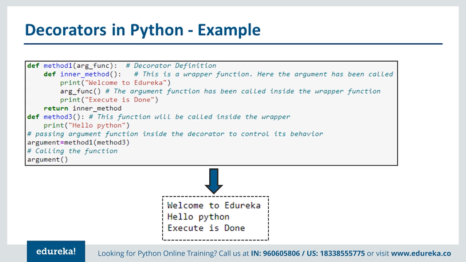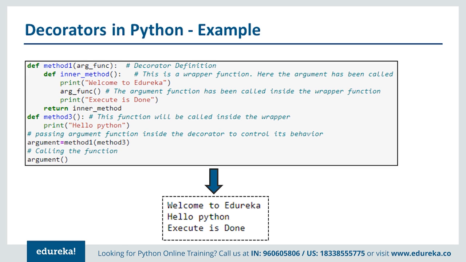Now in this case, we have a method called method1, in which we give a particular argument as a function. We have an inner method over here which prints welcome to Edureka, and we call the function arg_func, and then we print execute is done.